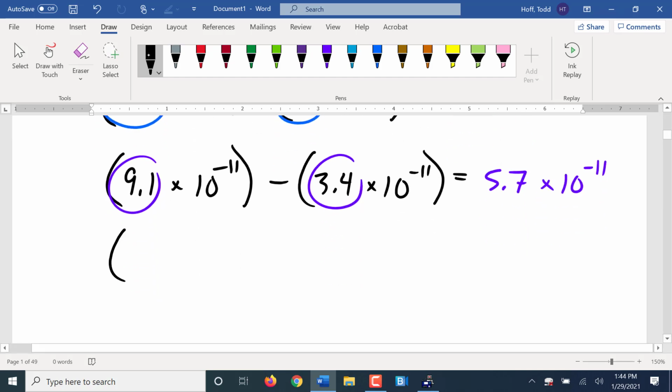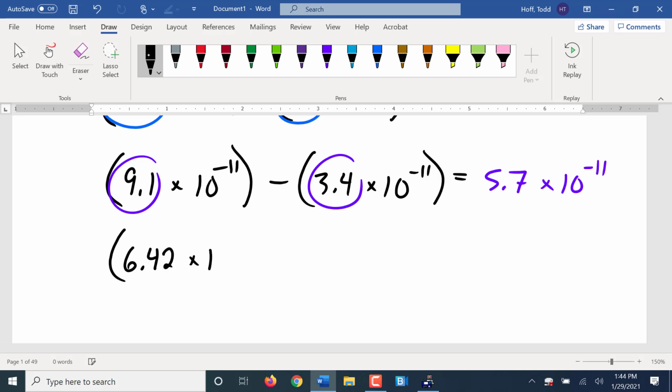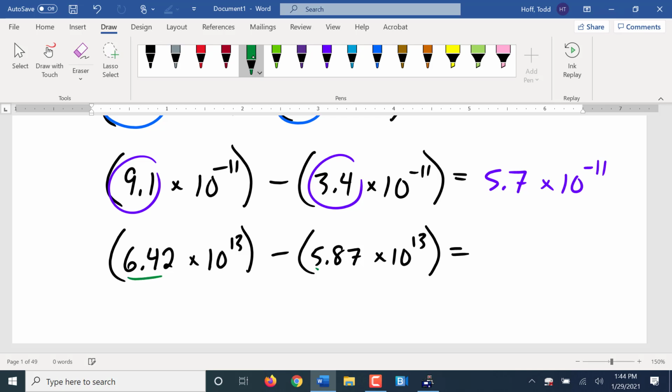Again, it doesn't always stay that easy. We can run into things like this. 6.42 times 10 to the 13th minus 5.87 times 10 to the 13th. Still have the same name, but when we subtract here, 6.42 minus 5.87 is 0.55, right?